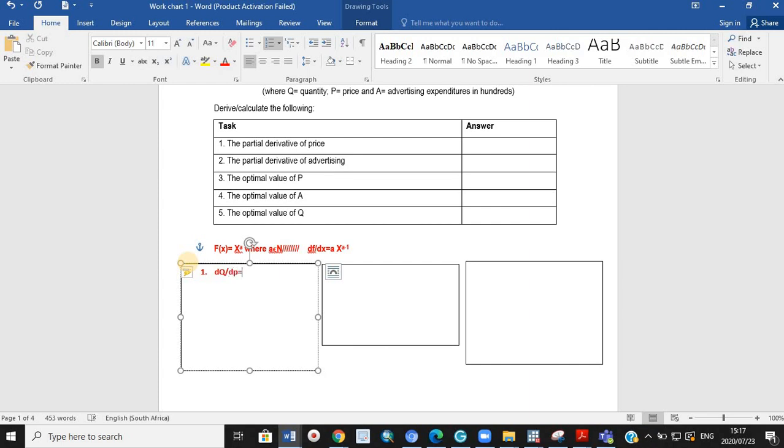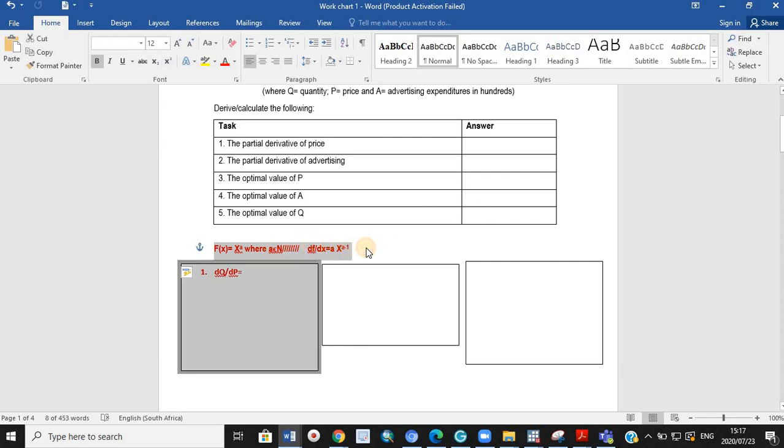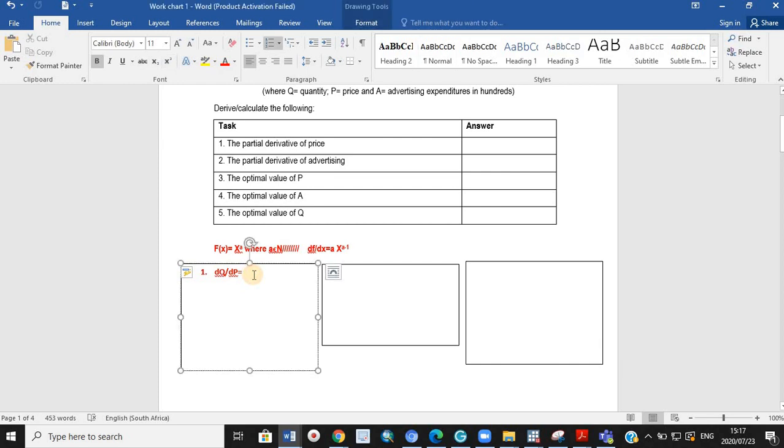Something interesting that I want to remind you is the basic rule of derivatives. You can see it here. If you have any variable to the power alpha, the derivative is alpha times the same variable to the power alpha minus 1.